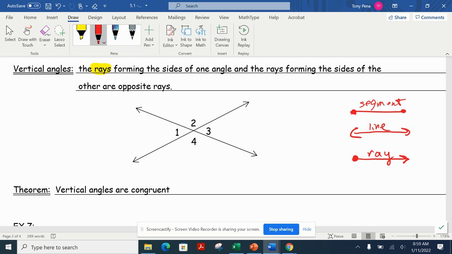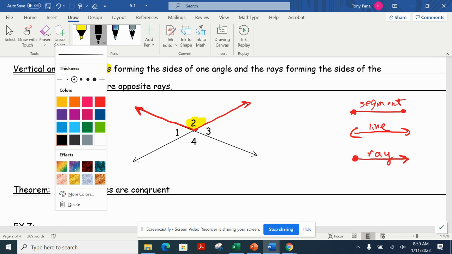Okay. So vertical angles are formed by the rays forming the sides of one angle and the rays forming the sides of another angle. It's really even simpler than that. If we look at this angle right here, this angle is formed by this ray here and this ray right here. Well, we also have rays that are opposite of my red rays.